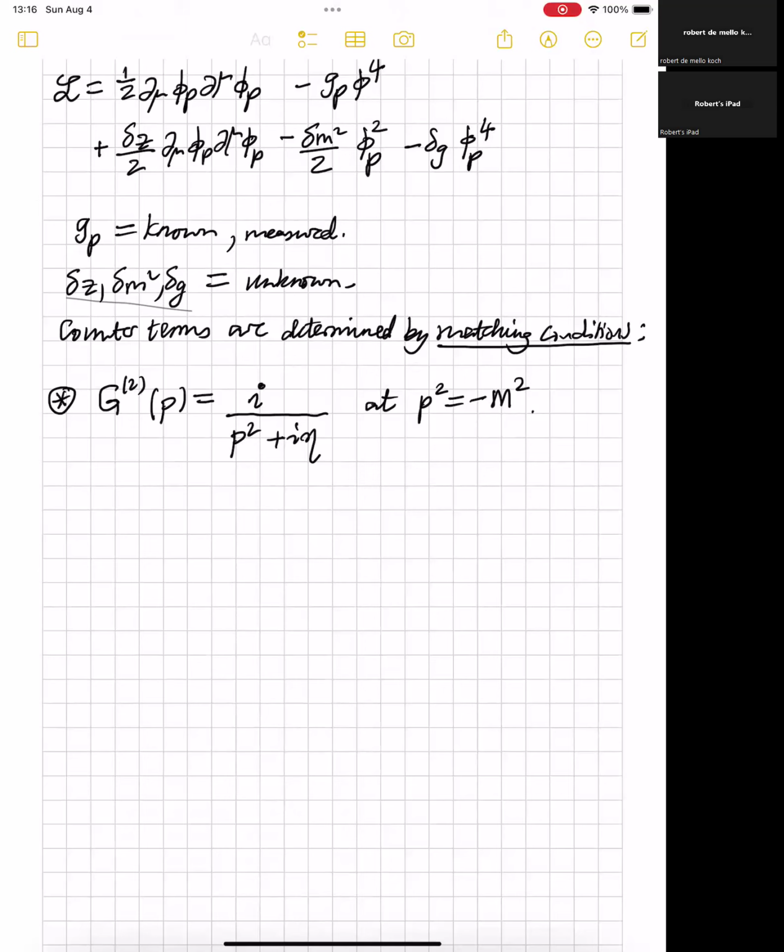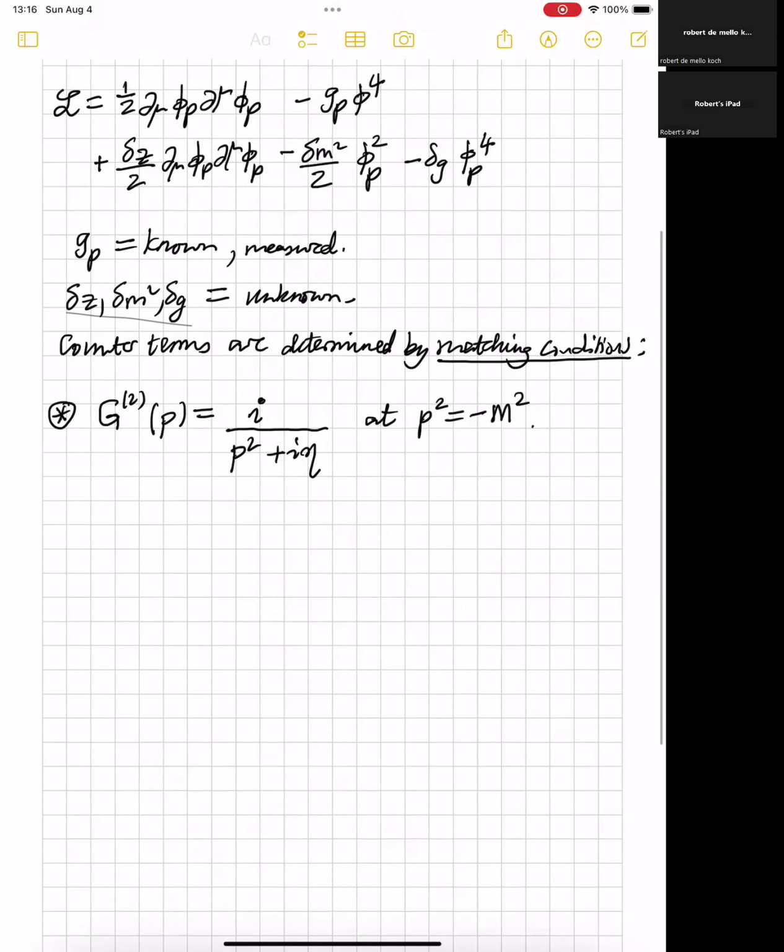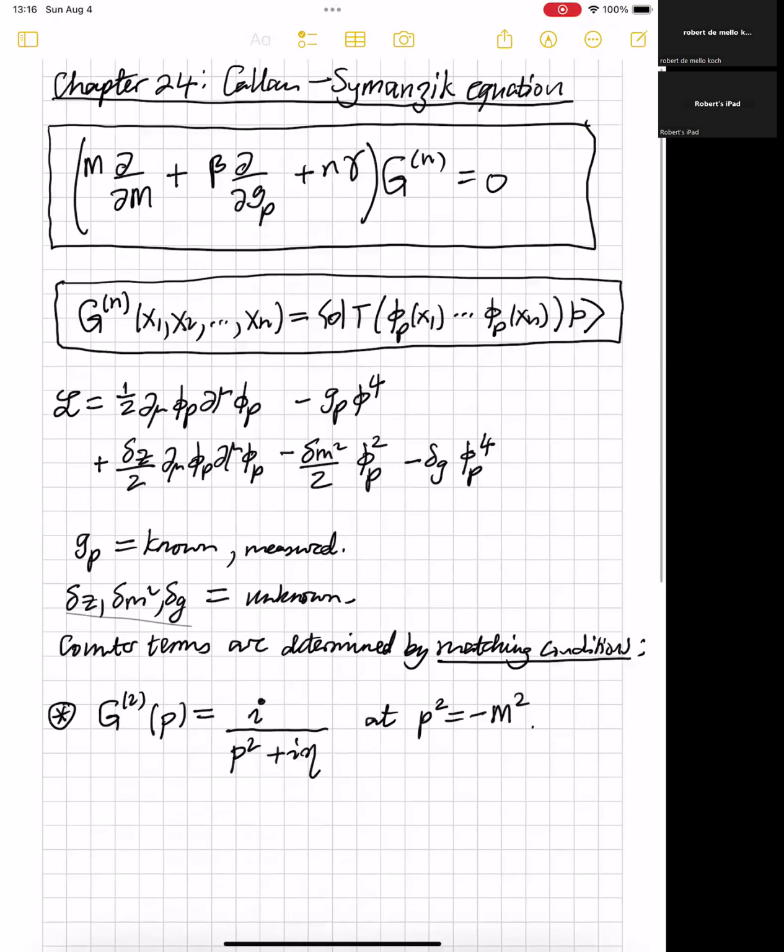Here, we're not interested in calculating a physical quantity. We want to get hold of beta and gamma. Beta will tell us how the coupling changes when we move from one scale to another. So we're interested in how the coupling is changing, not its actual value. And gamma is telling us how the strength of the field changes as we move from one scale to another.